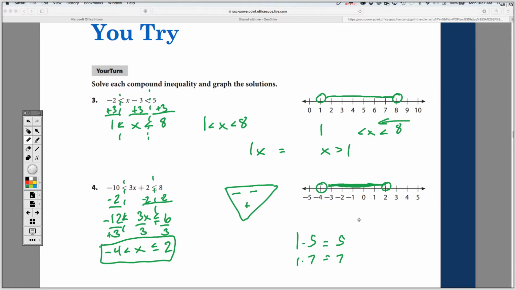Okay, ready? Open or closed? Are they both open? Closed? On which one? 4. This one? 2. This one?